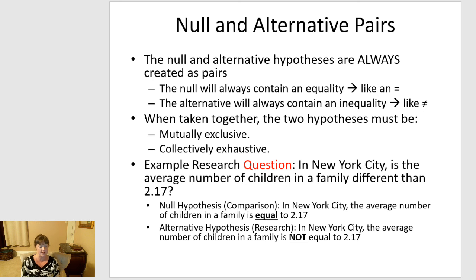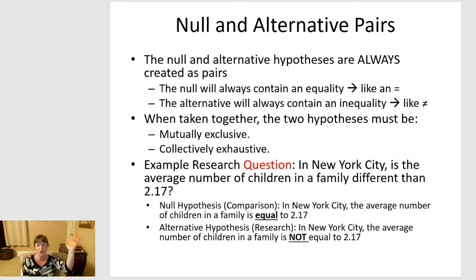So I could say in my null hypothesis, which is our comparison hypothesis, it's that boring hypothesis that I create as a comparison. I say, well, according to the null, the boring hypothesis, in New York City, the average number of children in a family is equal to 2.17.